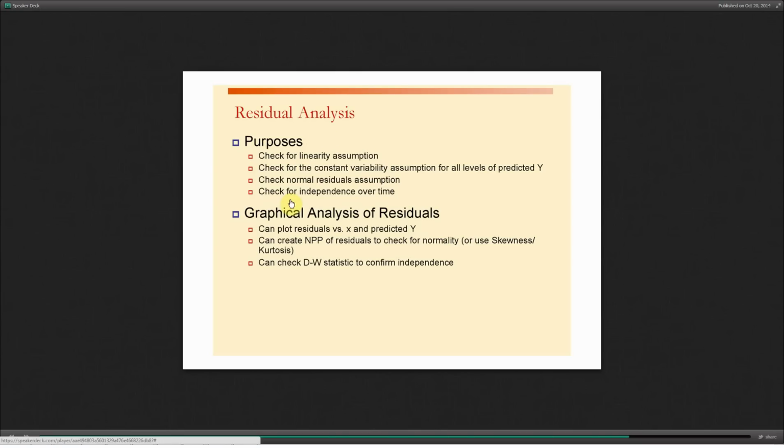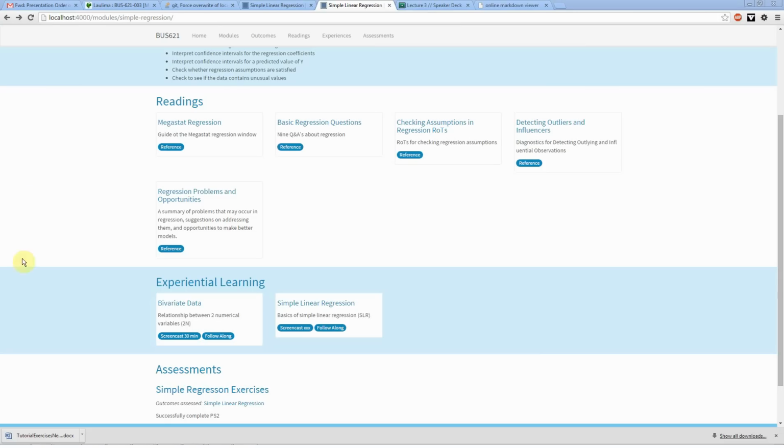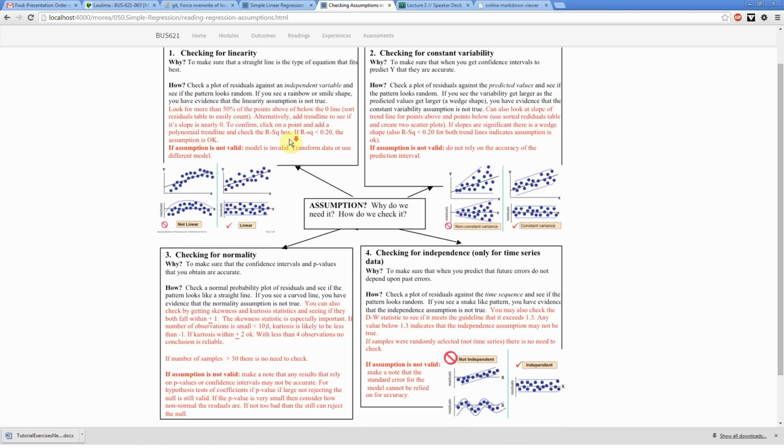Now, there is a handout on this that will explain what you need to do if you forget. I'm going to bring that up for you right now so you can take a look. So you'll see that we have the checking assumptions in regressions rule of thumb here, and you can see that there are checks for linearity, constant variability, normality, and independence.